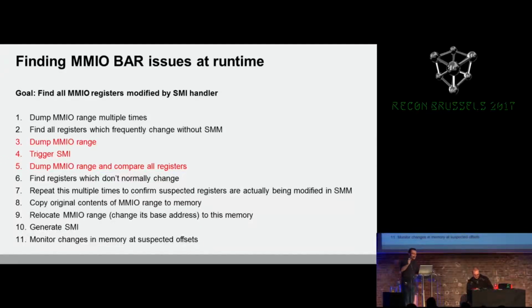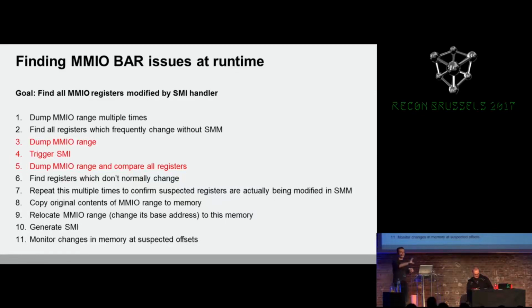If we see any new register that is not part of that normal difference, basically, we suspect that this register might have been changed in the SMI handler. So we send the same SMI again, maybe even multiple times, to confirm that this register changes every time we send the same SMI.